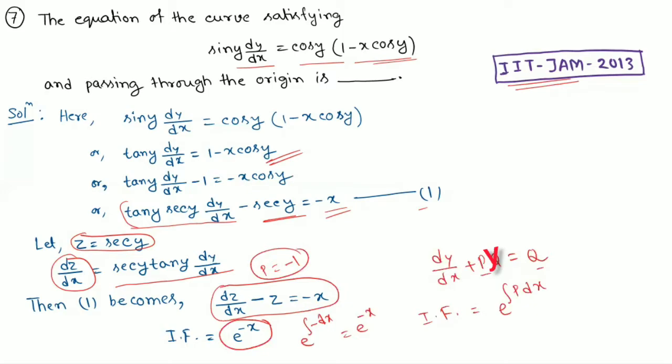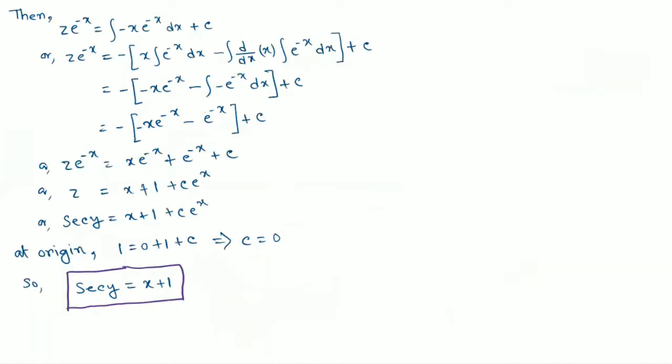Now what will be our solution? Solution is z into e to the power minus x equals integration minus x e to the power minus x dx plus c. And integrating this, we are getting z equals to x plus 1 plus c e to the power x, where c is an arbitrary constant, and z equals to sec y, we put z equals to sec y, so sec y equals to x plus 1 plus c e to the power x.